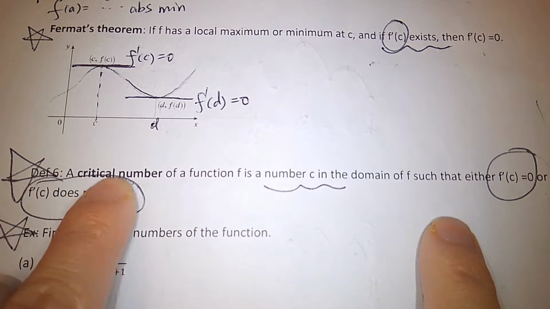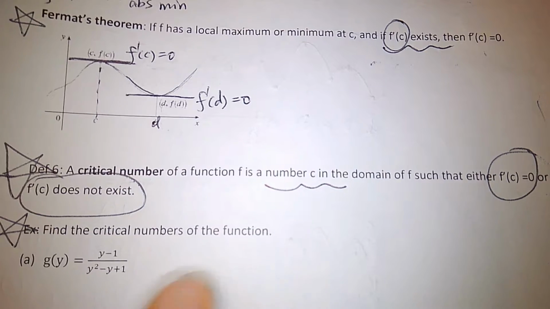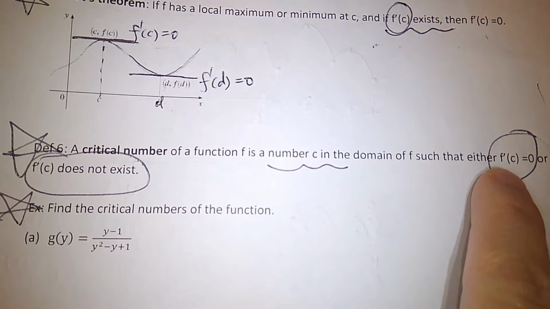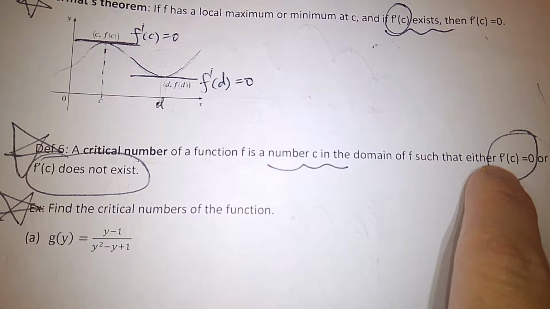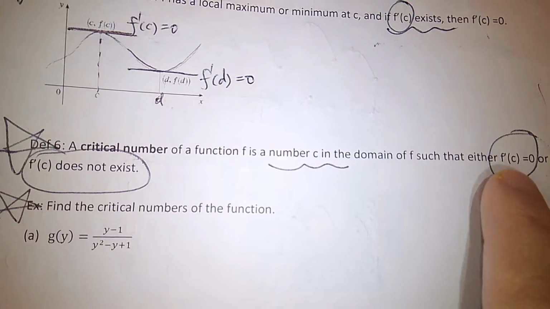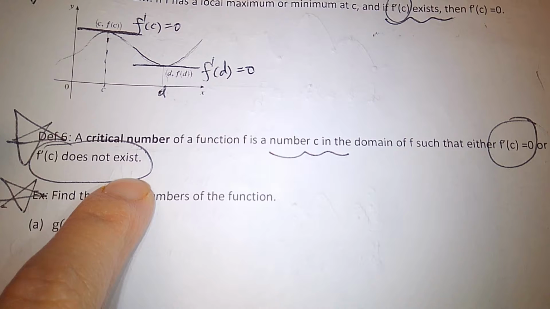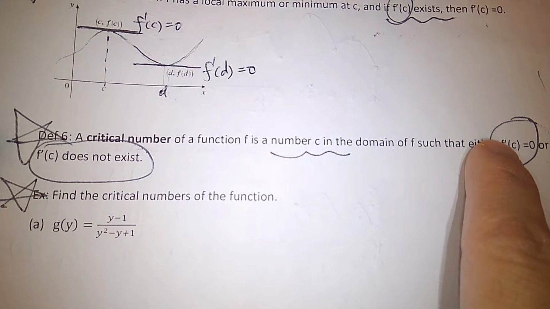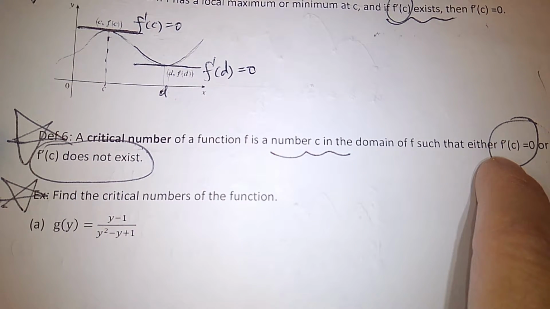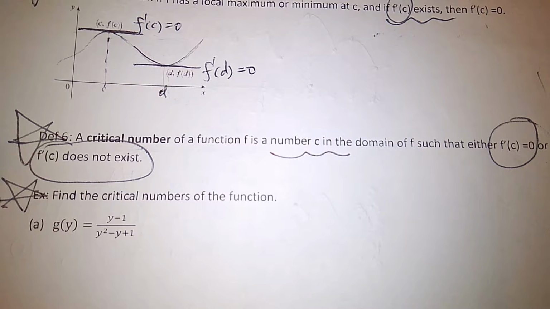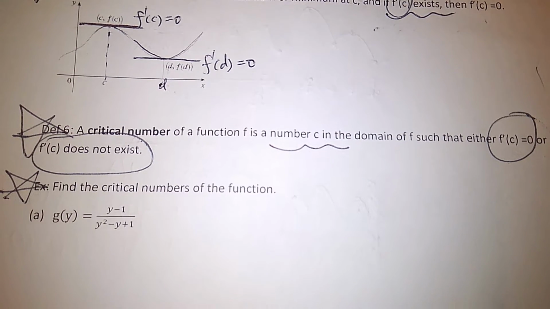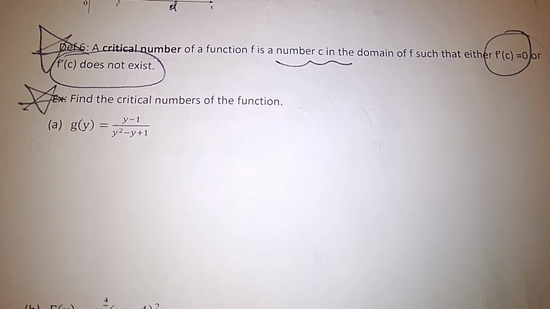And how do we find the critical numbers? Find the derivative of f, and then either the derivative equals 0 or the derivative does not exist. Then figure out the c. Alright, so this is the definition. Let's look at the specific questions.